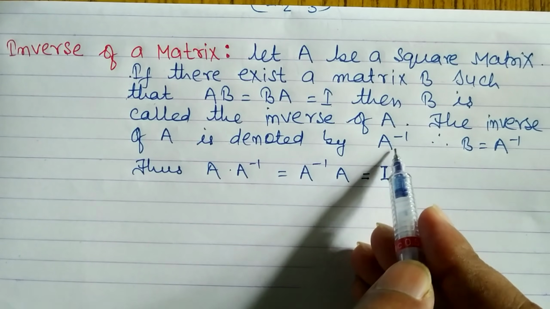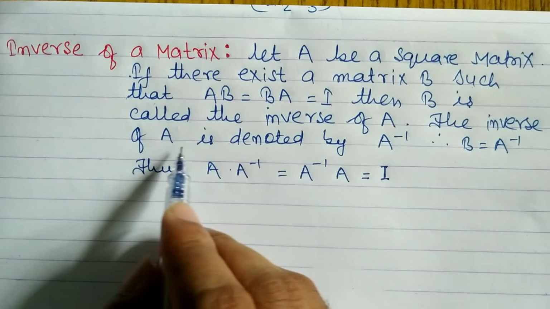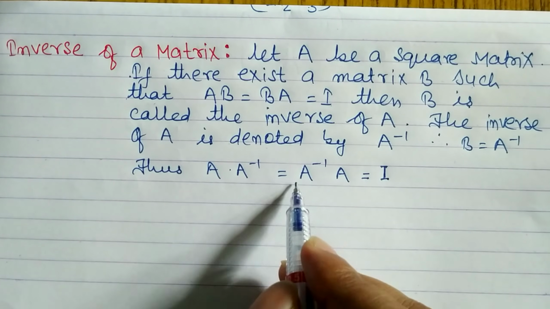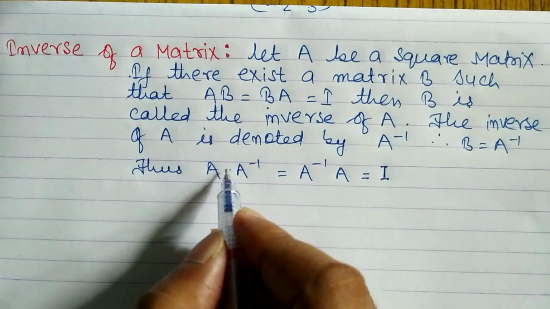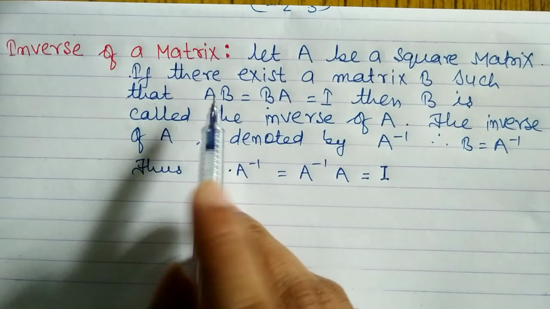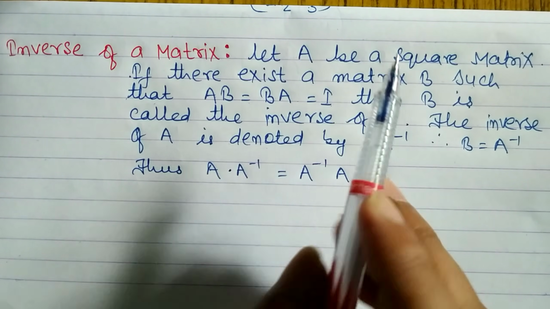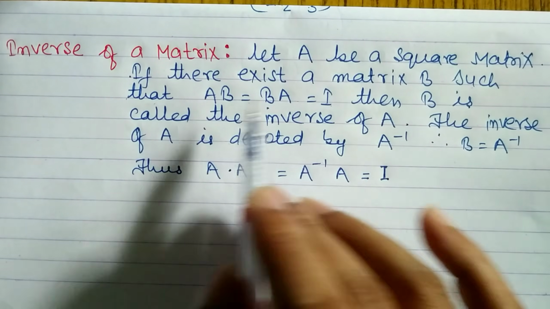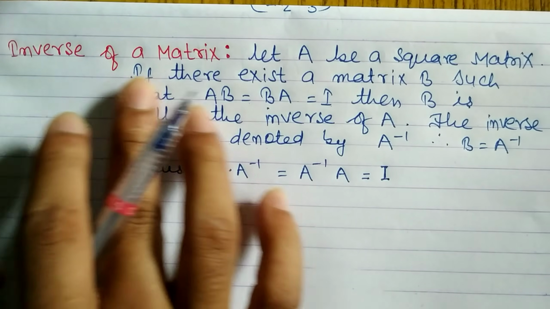Therefore B is equal to A inverse, and thus A A inverse is equal to A inverse A is equal to I. Either A into A inverse or A inverse into A is equal to I. You can see here AB is equal to BA is equal to I, the identity matrix. Hope you understand this inverse of a matrix.